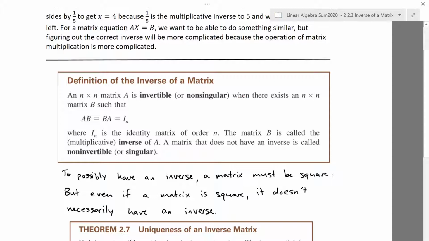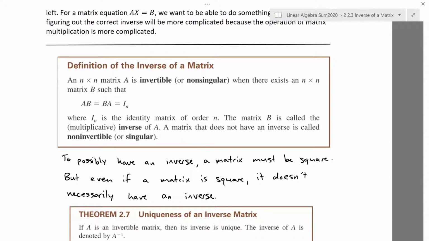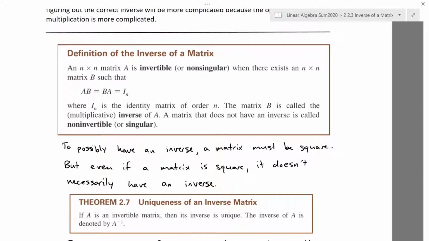If A is invertible, then there has to be another matrix B such that A times B or B times A both result in the identity matrix, because the identity matrix plays the role of 1 for matrix multiplication. We want to be able to cancel out a matrix and get back the number 1. If we can find this matrix, then this is called the inverse of A.